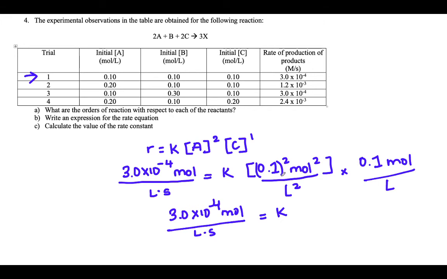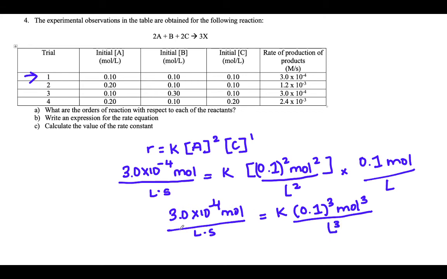Now, if you are multiplying and you've got the same base and the exponents are different, you can add those up. So instead of 0.1 squared times 0.1, we can write 0.1 cubed. Mole squared times mole, we can write as mole cubed. Divided by liter squared times liter, liter cubed.